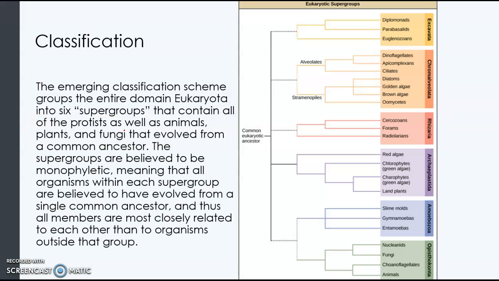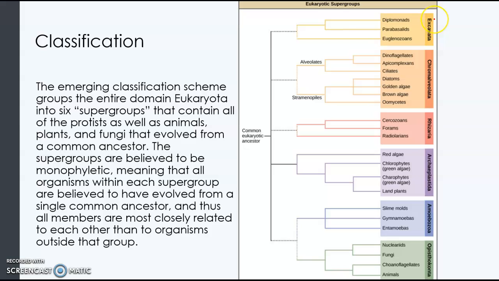Now, here is how we classify, and this is probably the most difficult part of this chapter. Let's talk about this, and then we'll end this section and move on to the next one. Okay, so the excavata.